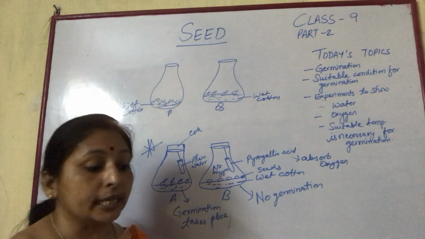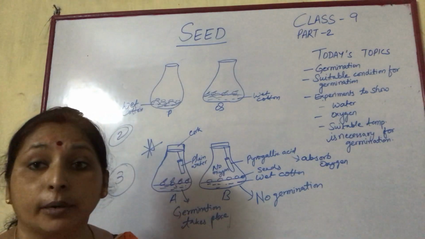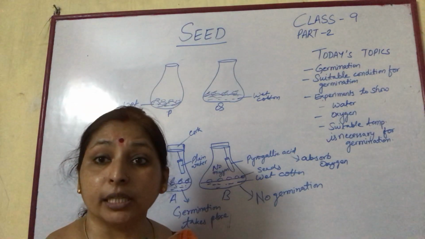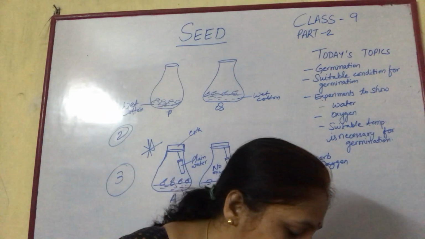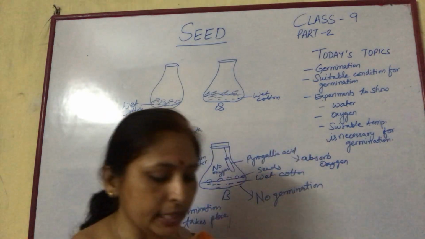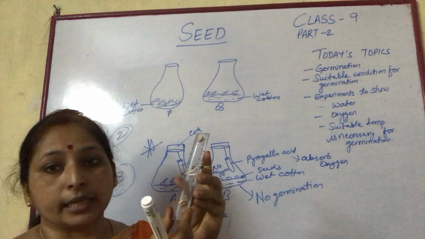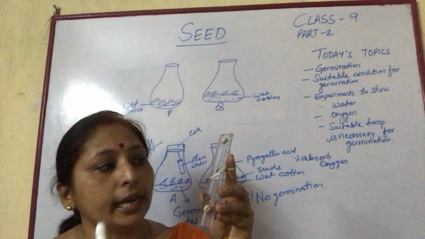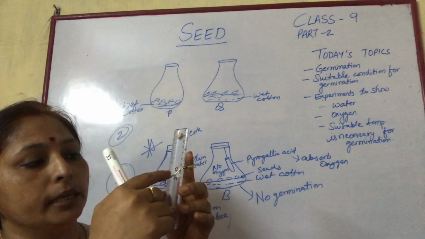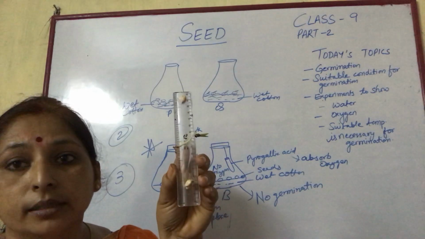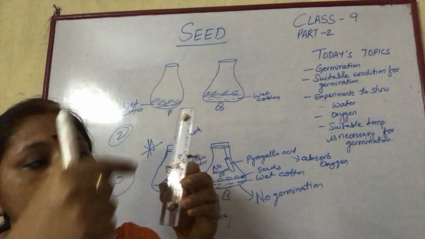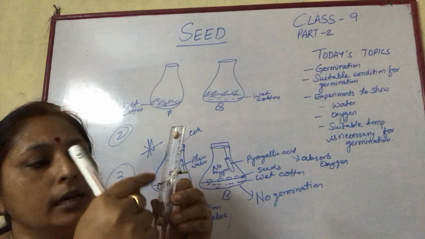Third one. Next, one more experiment is about to show all three conditions together. Here we have placed 3 seeds on a scale, seeds A, B and C. Is it visible? I am first showing the result.